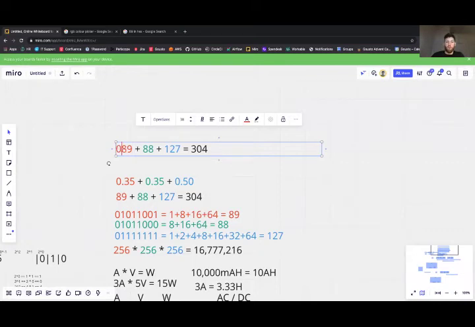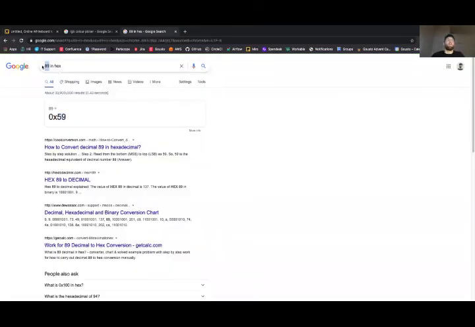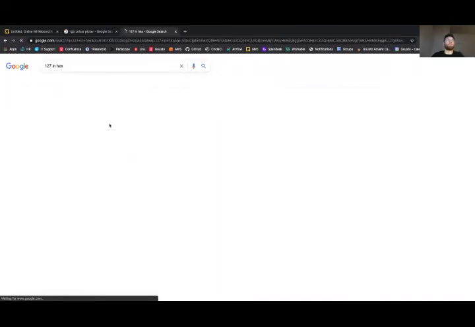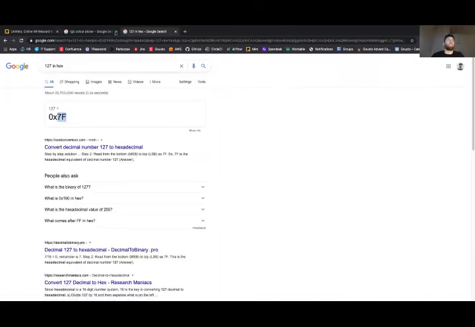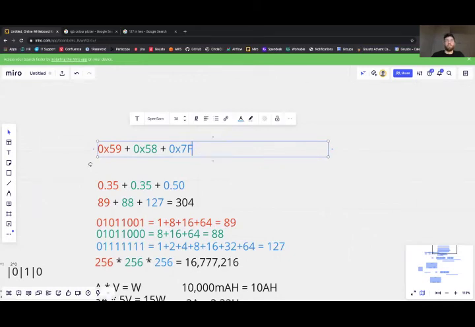So we've got 0x59. This is going to be 0x58. And 127 will be 7F. So this is the hexadecimal version of this color.